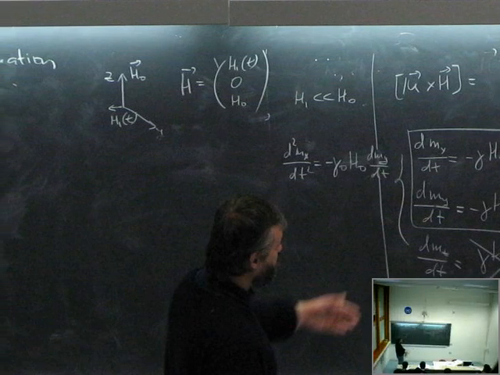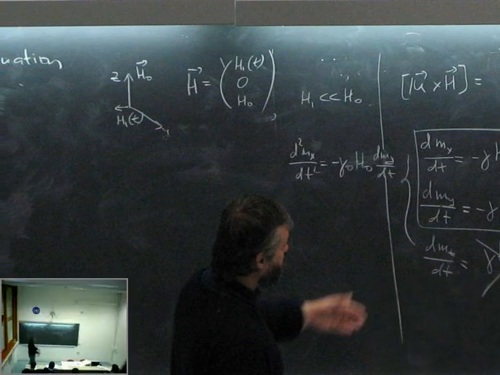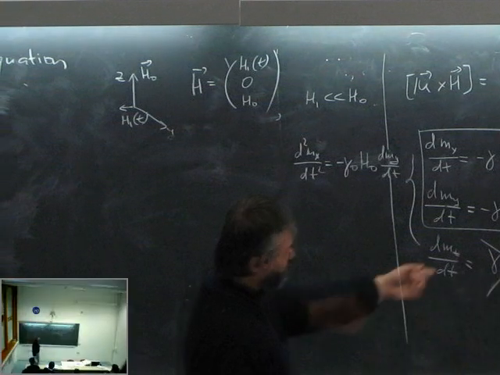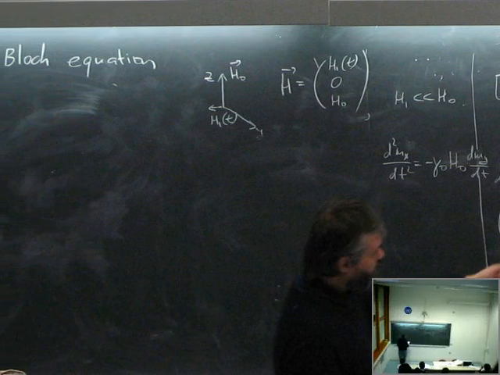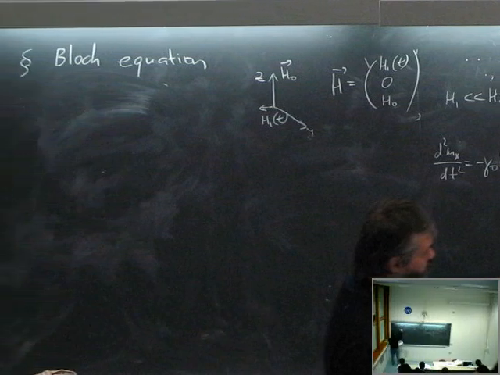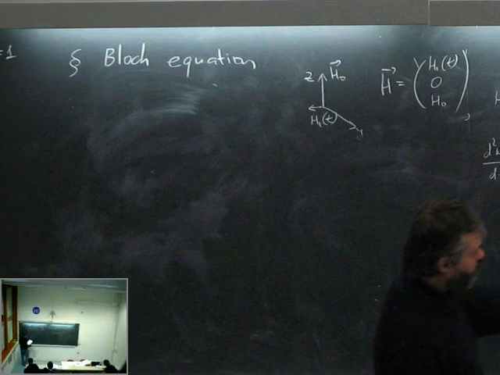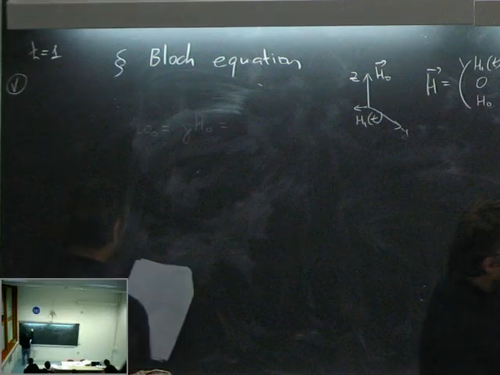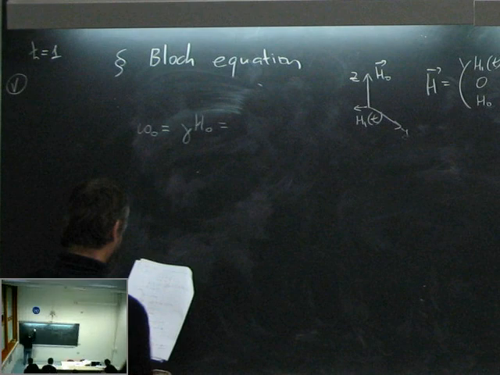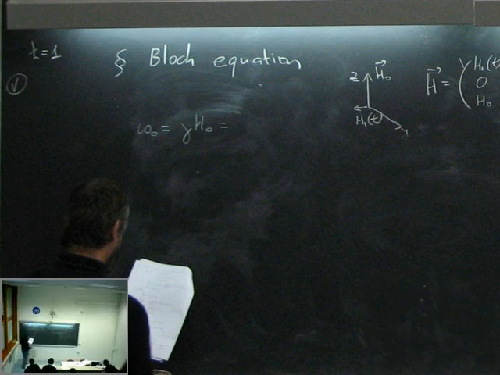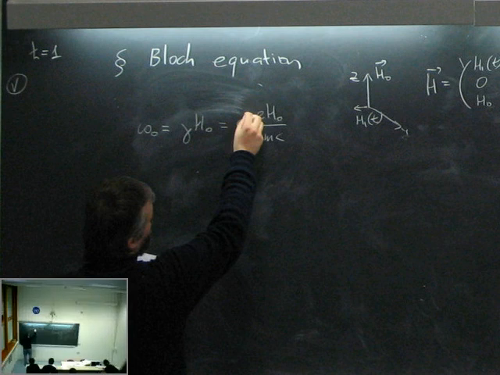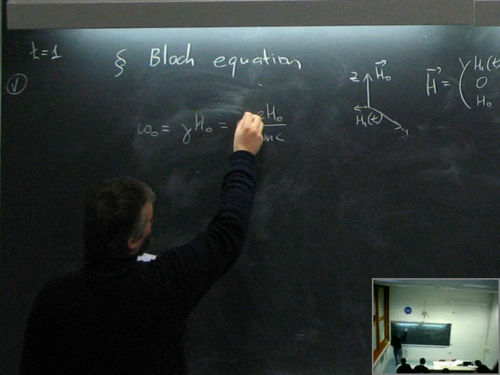And what happens is you will have an oscillator with a driving force. Let me introduce variable omega naught, which is the cyclotron frequency. It's gamma h naught. So it's g e h naught over 2mc. Since I'm working with an electron, g is equal to 2.